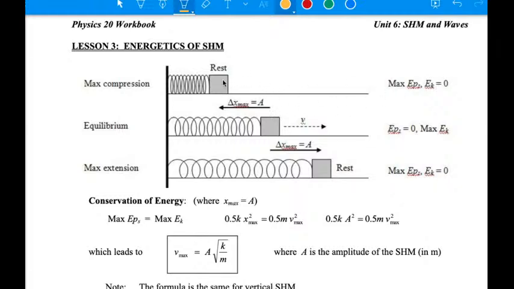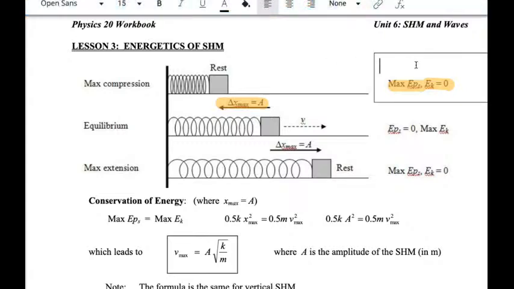We know that when it's at its maximum compression, we have no velocity, it's at rest, so we have zero kinetic energy. But we also know that this spring right now, being under this compression, is fully loaded. It has this maximum x value, and the spring potential energy therefore is a max, because that spring energy is equal to half of our k value times our x value squared.